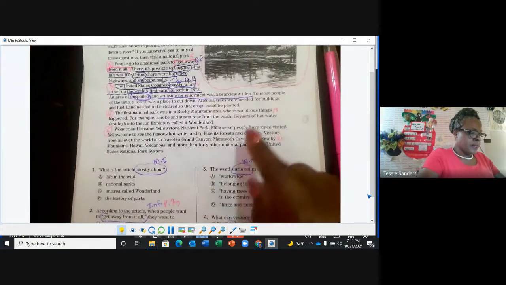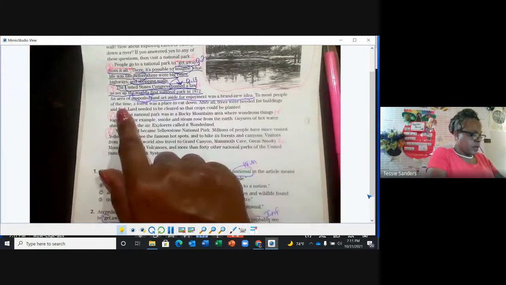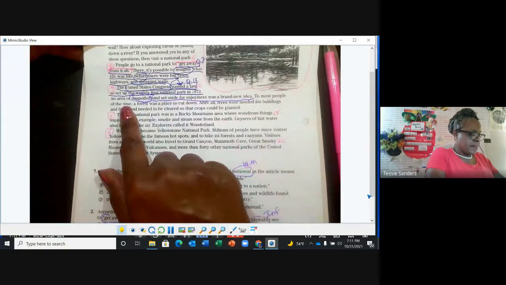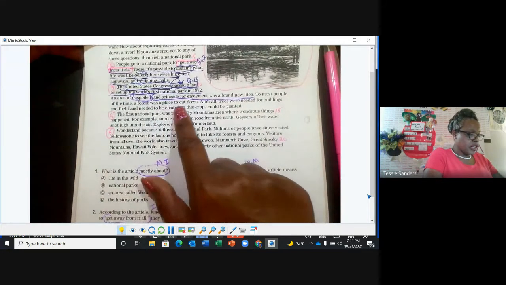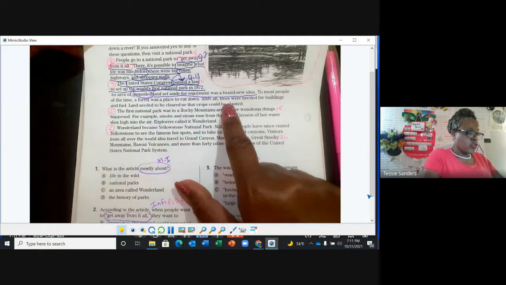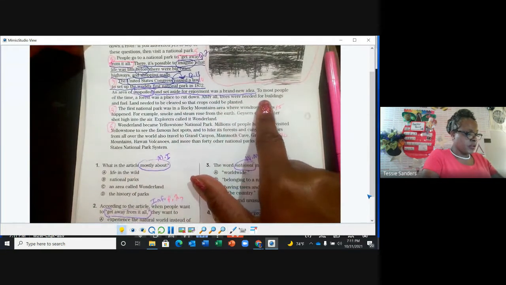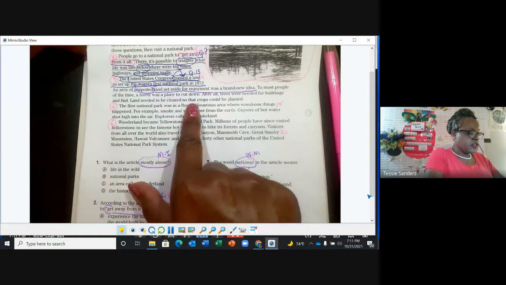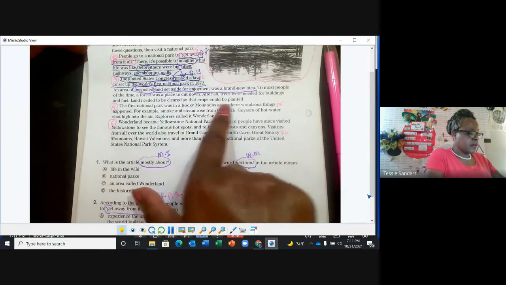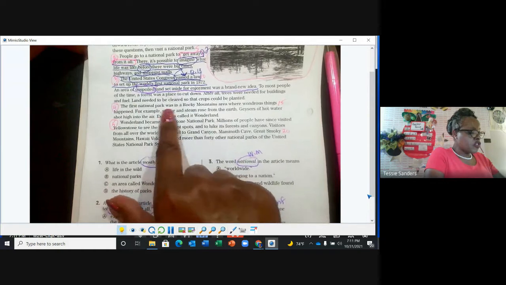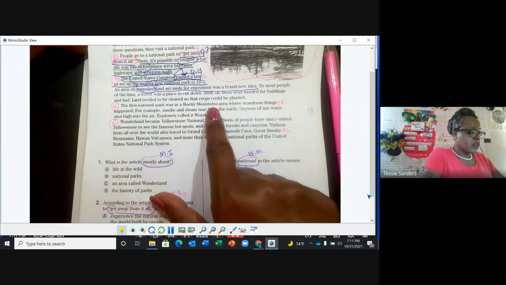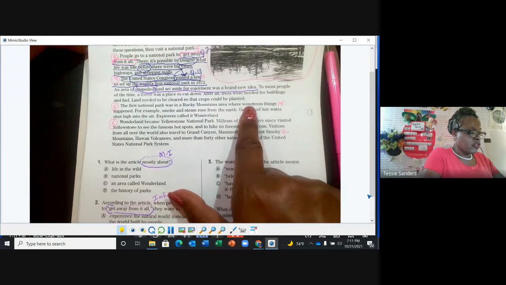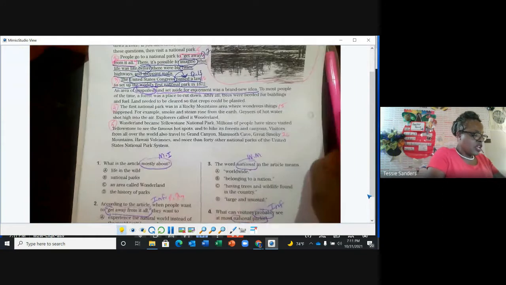Let's keep reading. To most people of the time, a forest was a place to cut down, after all, trees were needed for buildings and fuel. Land needed to be cleared so that crops could be planted. The first national park was in a Rocky Mountains area where wondrous things happened. So take a look.